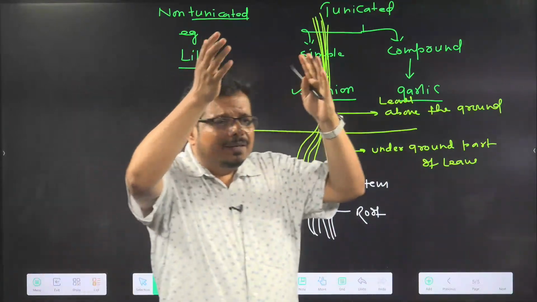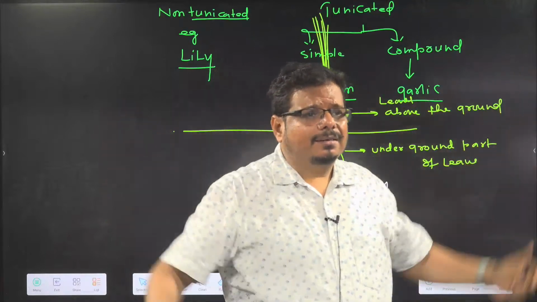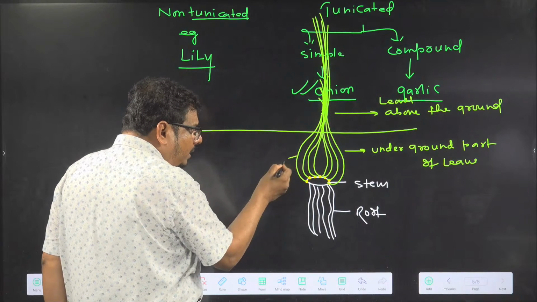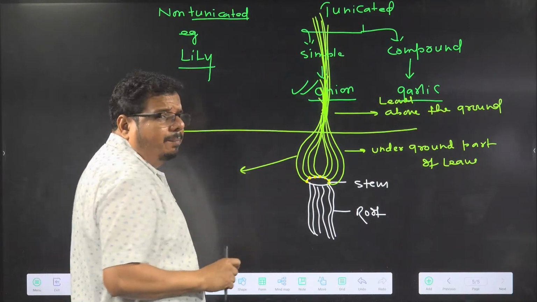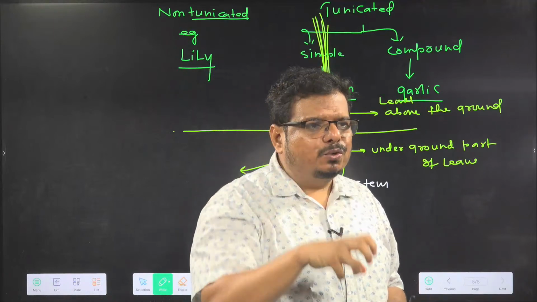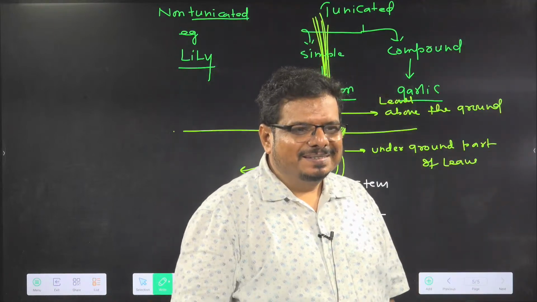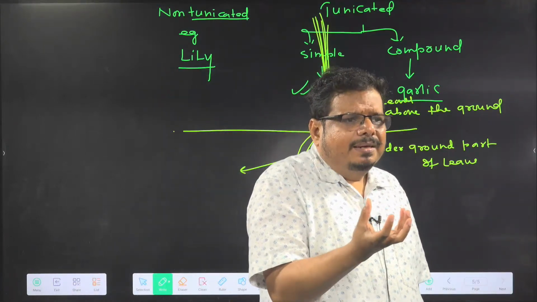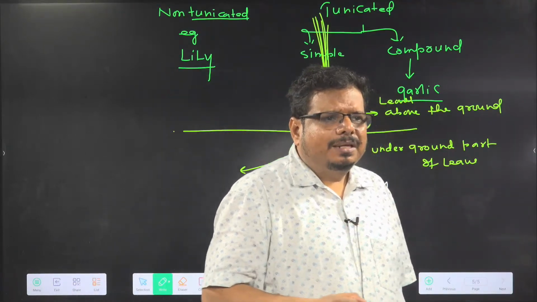When maturation occurs, what happens? Some outer underground leaves become paper-like because their food gets consumed in growth. Onion is a living organism, it is doing metabolism.